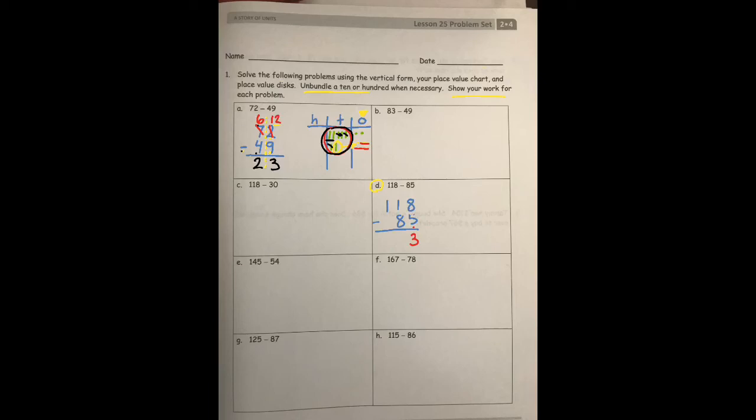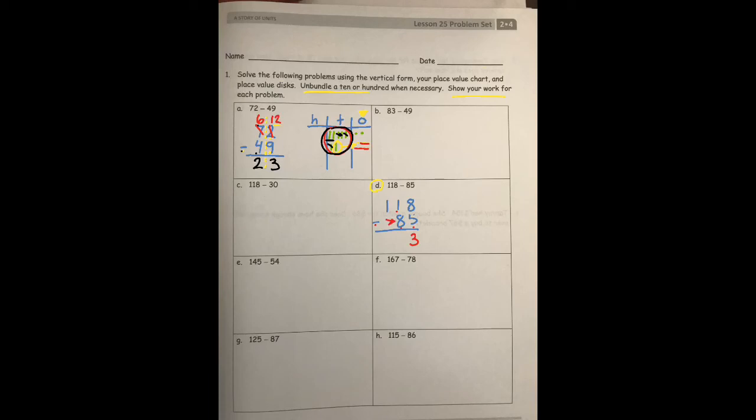Now that we have that, we're ready to move over to our neighbors here, which are the tens. So now let's subtract the tens. In the tens, I see that I have 1 ten minus 8 tens. Uh-oh. I have 1 and I need to take 8 away. Do I have more on top or do I have more on the floor?